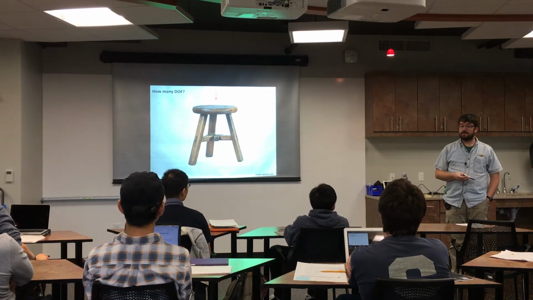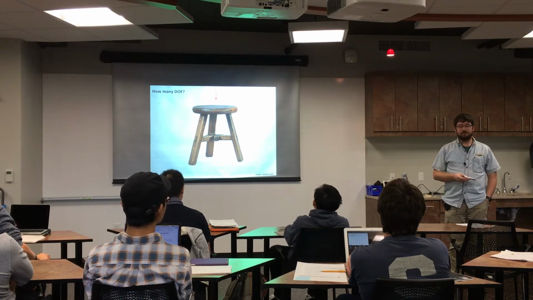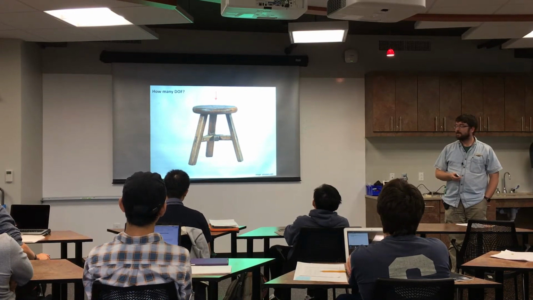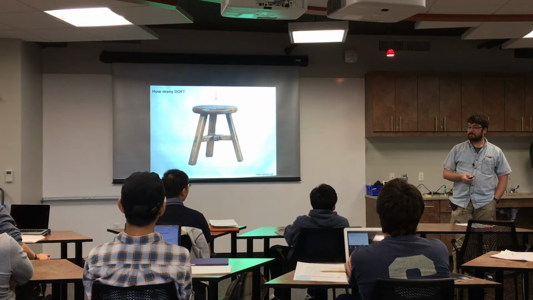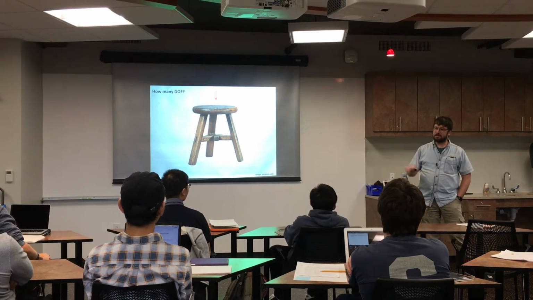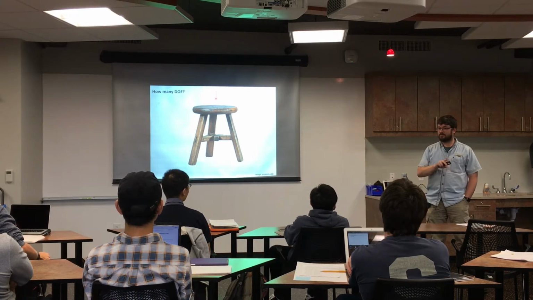Can you not move? No, it's just a rigid stool. So it can translate in how many directions, if we're sitting on it? So we're constrained so the legs are always touching the floor. 2. Yeah, so it can translate in 2.